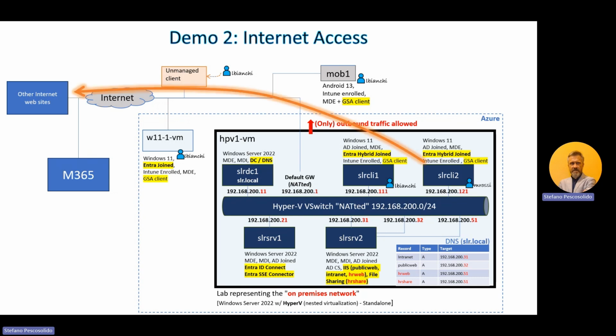In one, I'm accessing from a client with a specific user, which has all the restrictions of all other users of the organization, while I'm accessing also from another user which has just one exception in those restrictions. Of course, I could access the same also from my Entra joined client. It doesn't change. Everything is applied in the same way. So let me move to the demo.